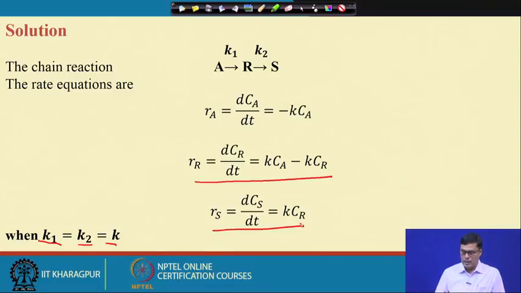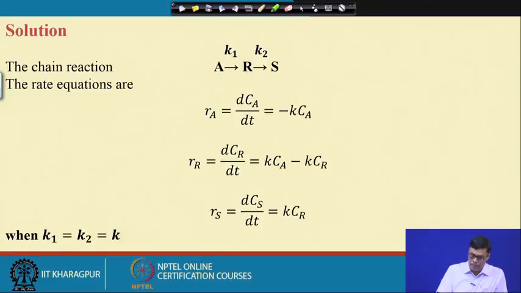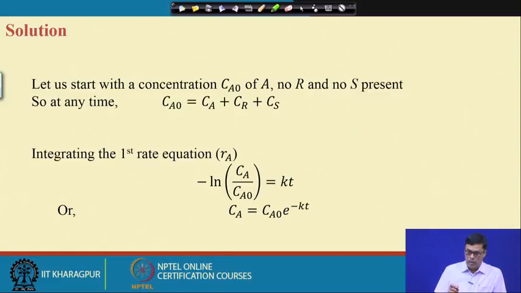Then we can write the overall reaction like this. We have already seen that the total initial substrate concentration at any point of time is equal to C_A plus C_R plus C_S, because we assume this is equimolecular conversion.